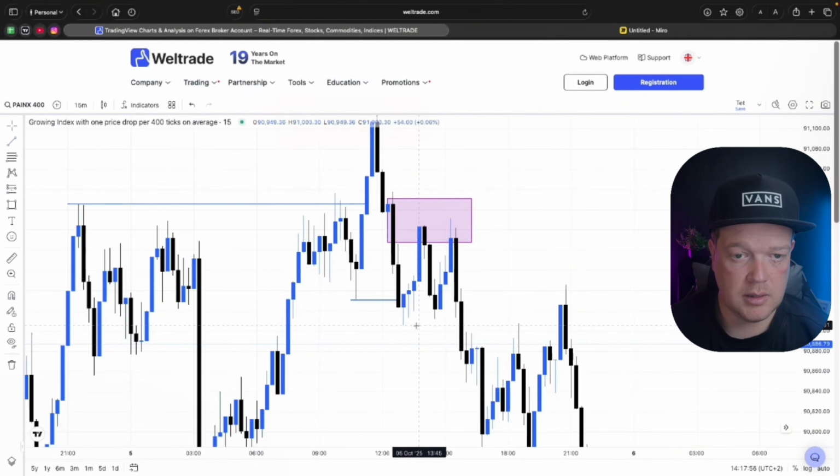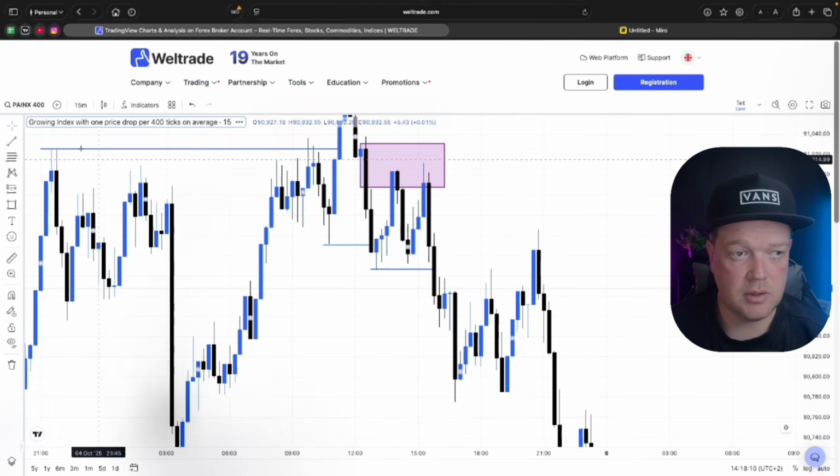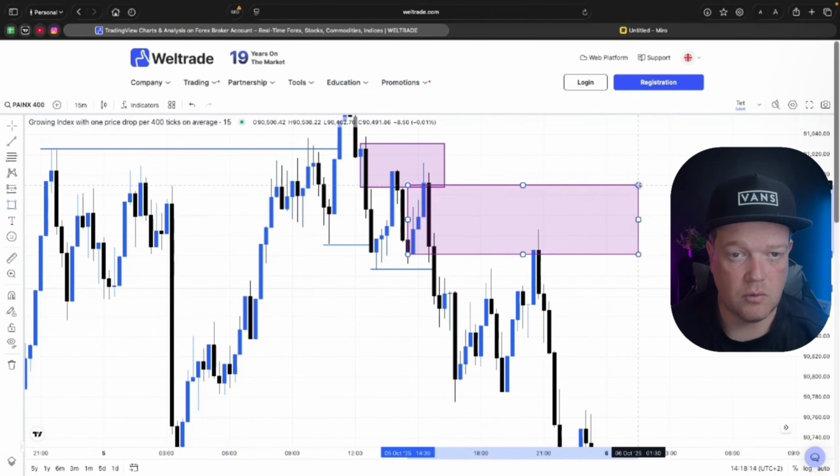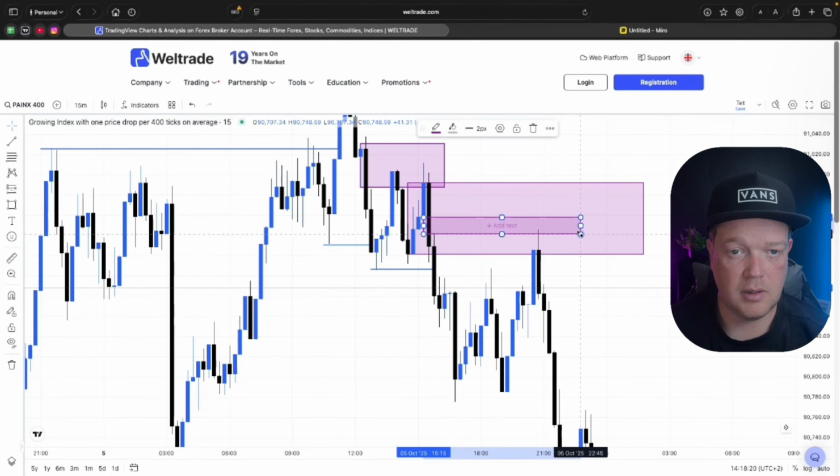Here is our next low before this push up. Now we clearly want price to take out this low and then start retracing. So what do we have? We have an order block zone right over here, and a fair value gap right over here.